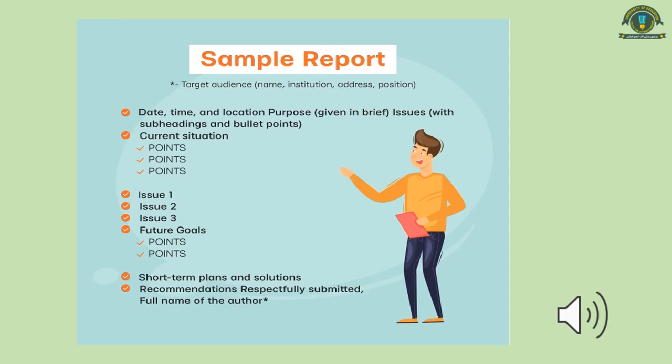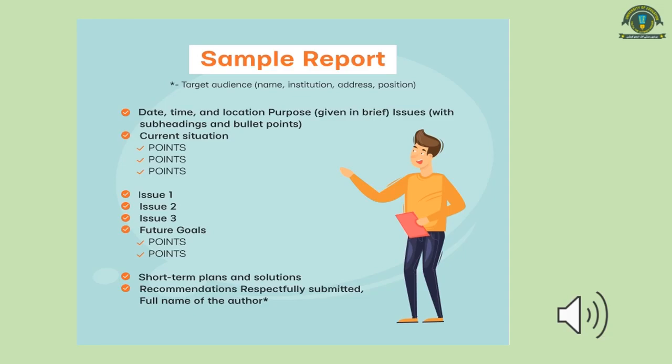and at the end you have to give the recommendations, that is, how to solve the problem, the suggestions you put forward, and at the end the full name of the author. That is a very important one, to mention the name of the author who has written the report.